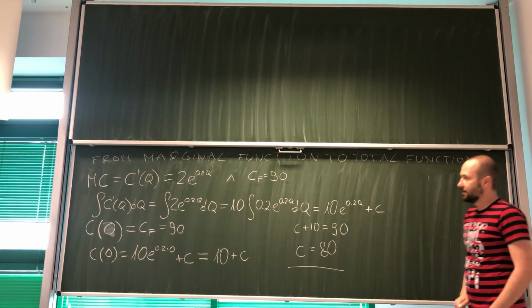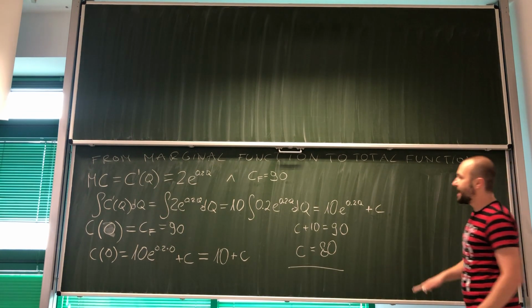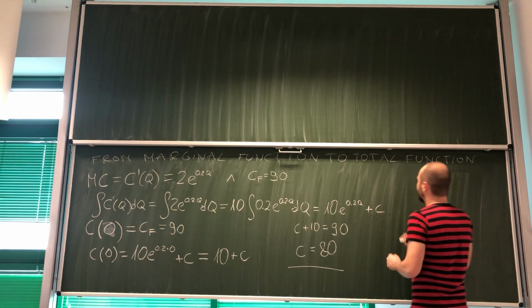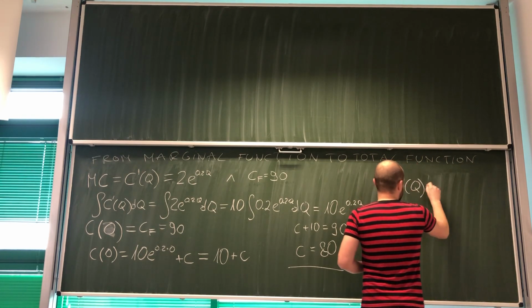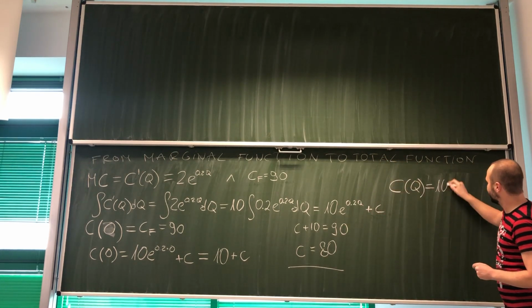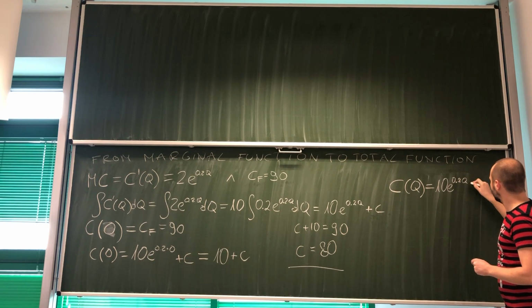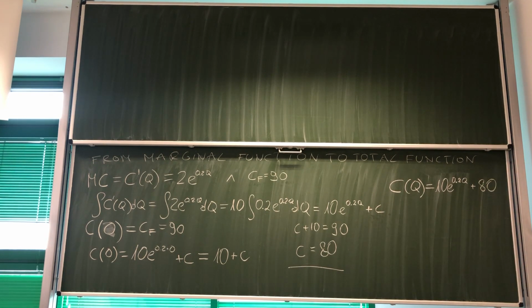And now we have found the total cost function. Because now we can simply substitute for c over here and we get that total cost is equal to 10e to the power 0.2q plus 80.